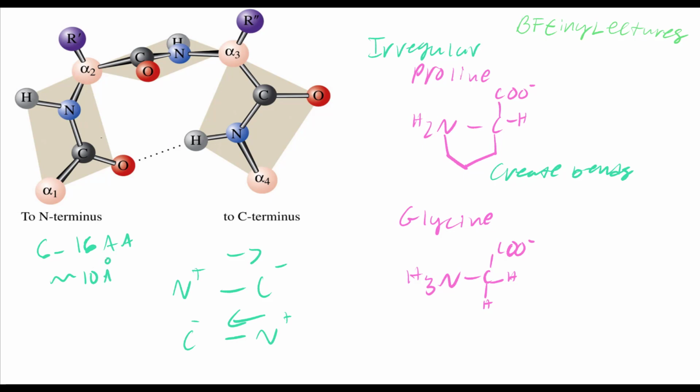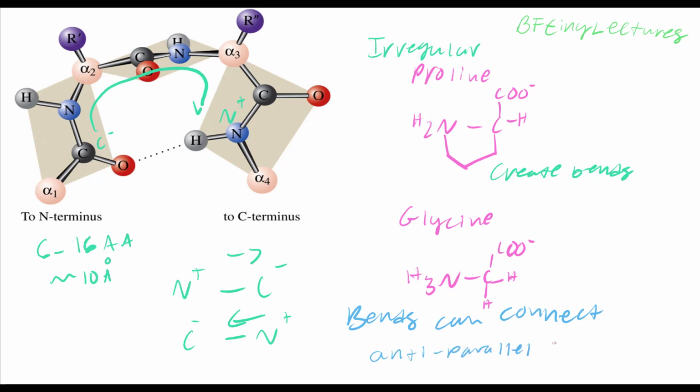So of course you go from a C negative, you're being read right there, and this is an N positive, and now they're changing how it's read, okay? Now the bends can actually connect anti-parallel beta sheets. So bends can connect anti-parallel beta sheets.